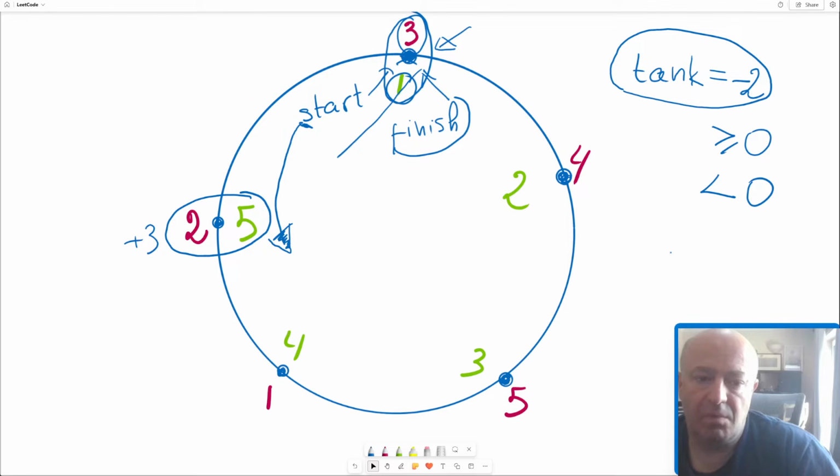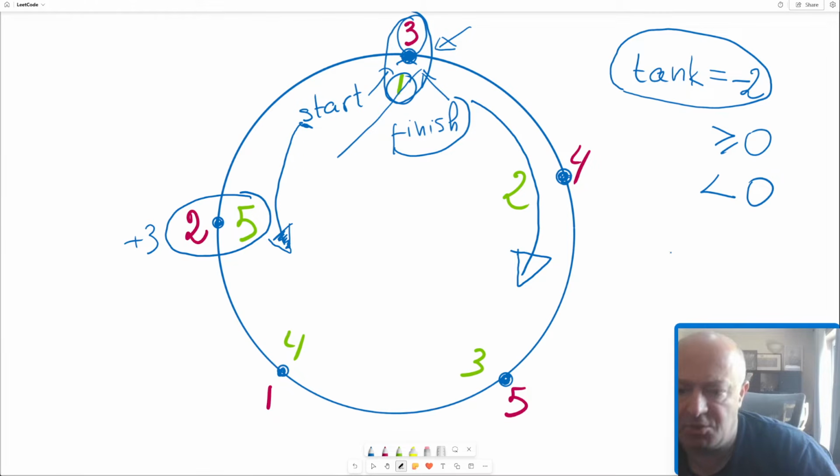Now, this sounds plausible only if the following holds, right? It looks like moving finish clockwise in this algorithm is fine. Every time we have enough gas to reach the next station, that's the only time when we move to the next station.